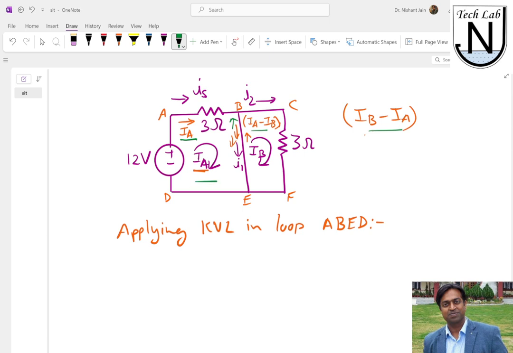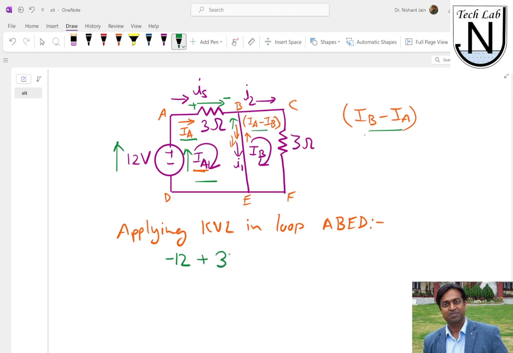In this loop we also know one thing, that the current direction over here is this, right? IA direction is this. So over here minus to plus transition is there. It means we are going to take it as negative. So I put minus 12. Over here when the current is flowing through this, we have plus over here, minus over here, so we are going to take it as positive.